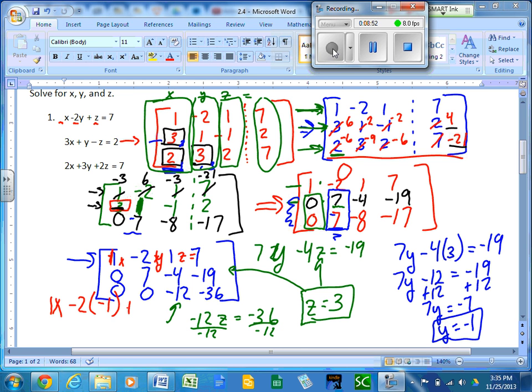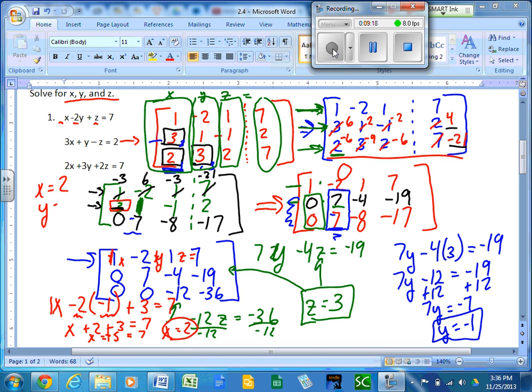And then plus 1z, we know z is 3, equals 7. Negative 2 times a negative 1 is a positive 2, so I have x plus 2 plus 3 equals 7. x plus 5 equals 7. Subtract 5, x equals 2.